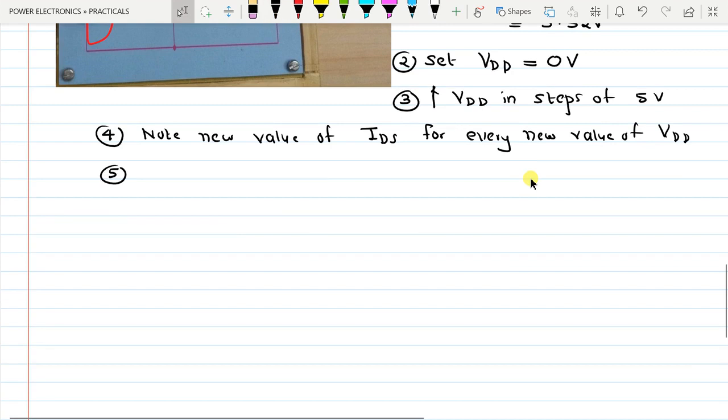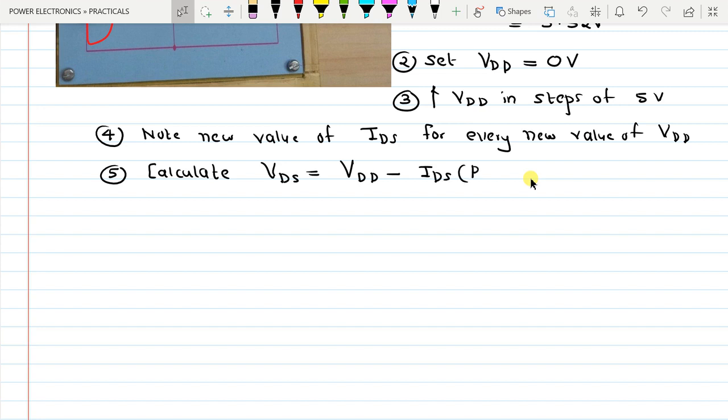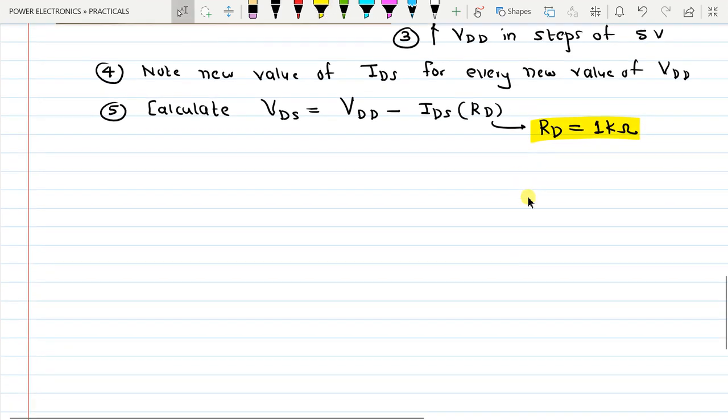Fifth is to calculate VDS as VDD minus IDS into RD, where RD is equal to 1 kilo ohm.